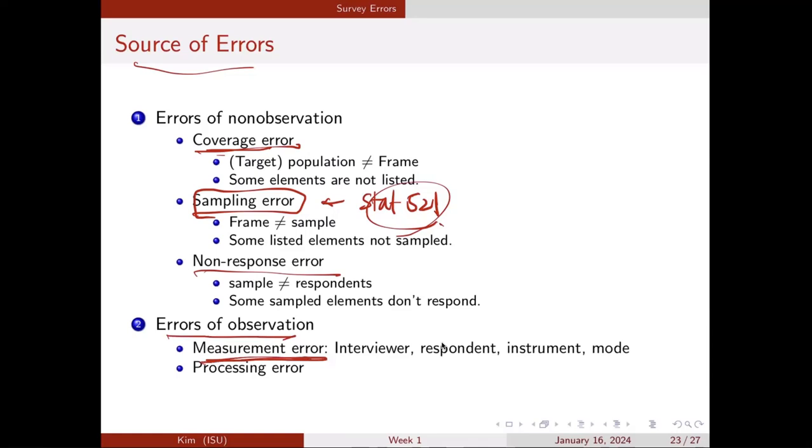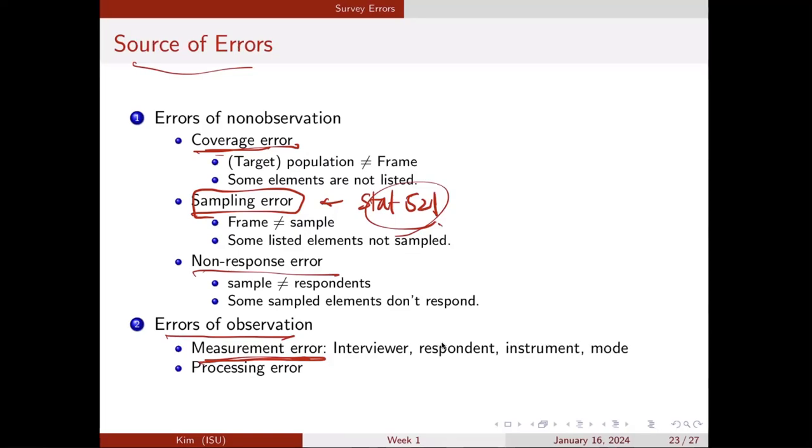The interviewer may ask improperly, or the respondent could lie, or there's some kind of social desirability issue and all things like that. So there are a lot of different reasons for obtaining measurements with errors.